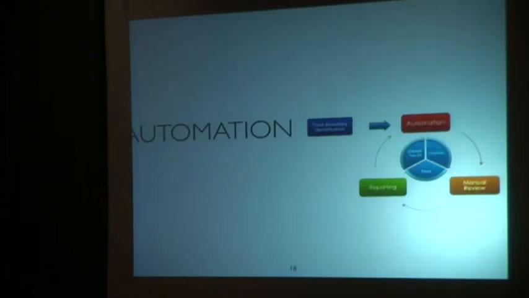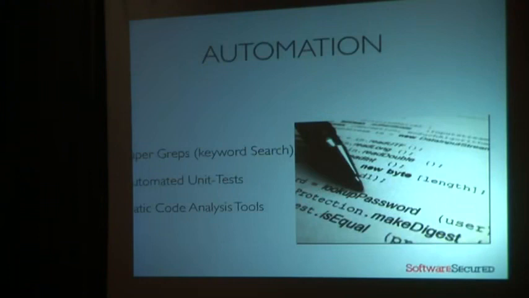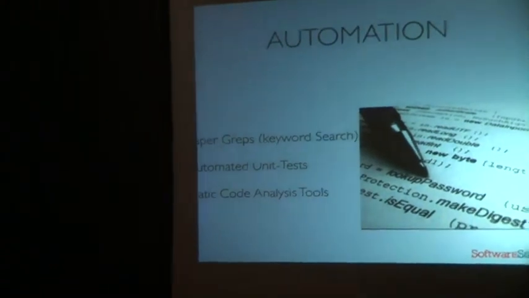Next, automation. So the first step is trust boundary identification. Second step is automation. Automation comes in many flavors. For example, the super greps, which is basically looking for keywords that are problematic, like for example out.print, request.getParameter, or SQL adapter.